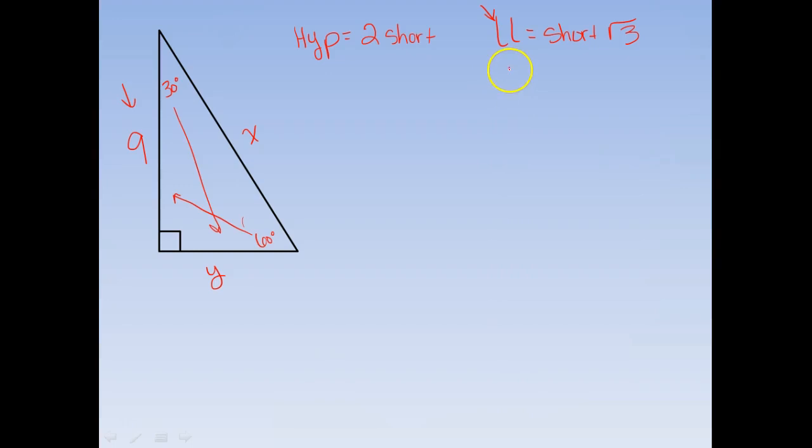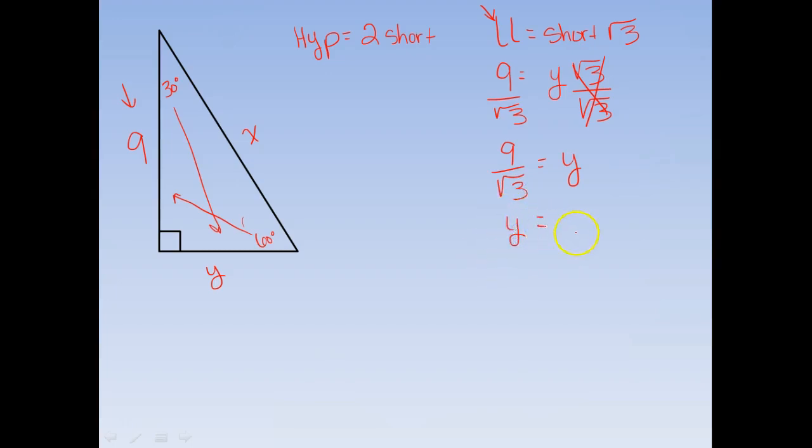So your long leg is 9, and your short leg here is y root 3. So let's solve for y. In order to solve for y, you're going to divide both sides by root 3. Cancel. I have y equals 9 over root 3.